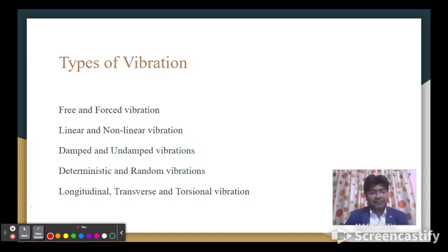If the shaft is alternately twisted and untwisted on account of the vibratory motion of the suspended disc, such vibrations are called torsional vibration. See, I'm making a figure here for more understanding.